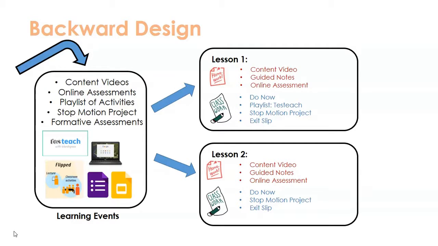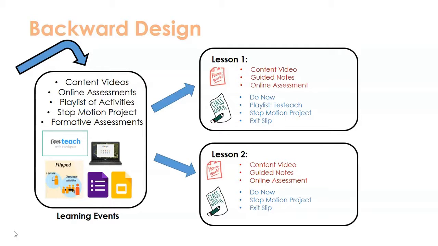So for the first day, the first lesson, they're going to start off with the do now, and then I created a playlist on Teach Tech, which is also called Blendspace, and those are just a bunch of activities that students can work through in order to learn about electron configuration, which was the content video they would watch on the first day. The second day was lesson 2, and that is the content video on electron dot diagrams, and along with that they have guided notes and a 10-question Google form.